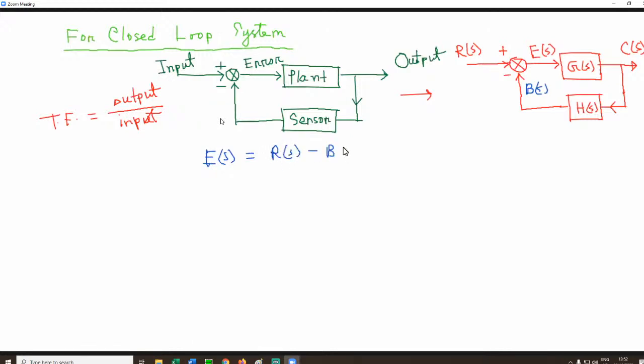You can see from the diagram. Now, what is the equation of B(s) in terms of C(s)? C(s) is here. Can you say what is the equation of B(s)?